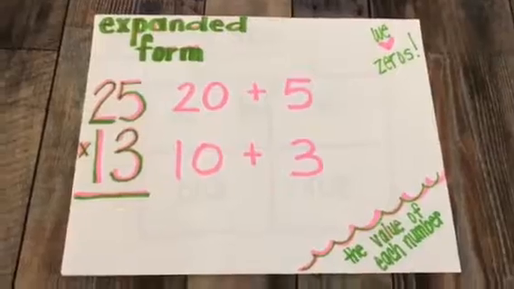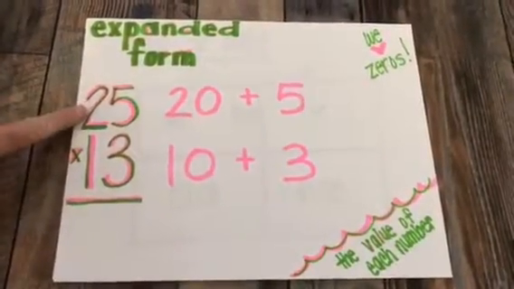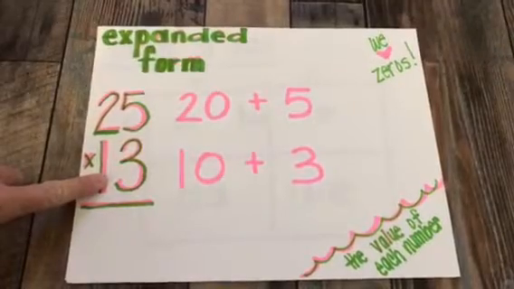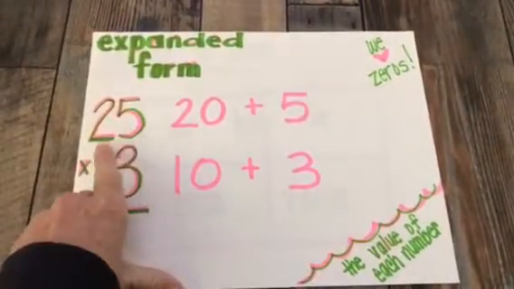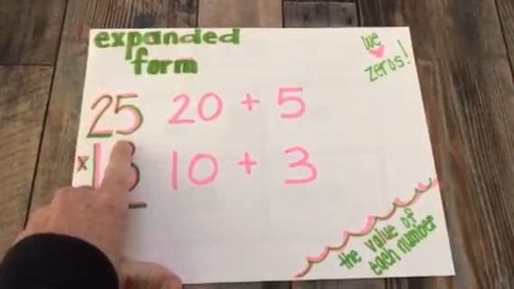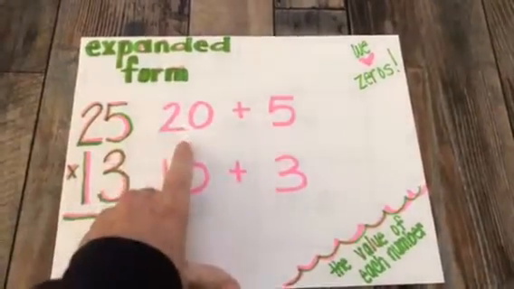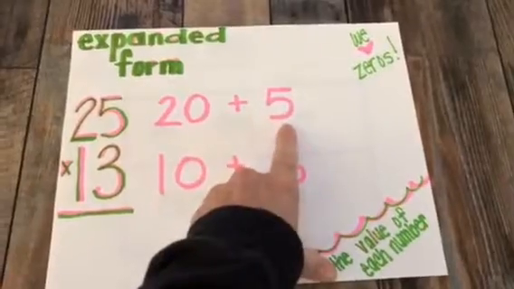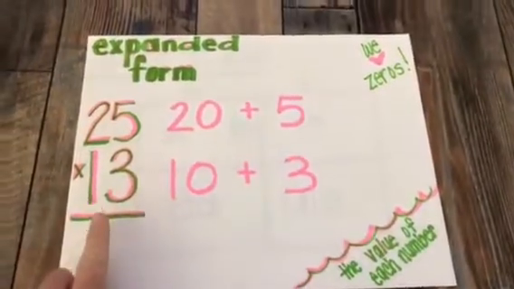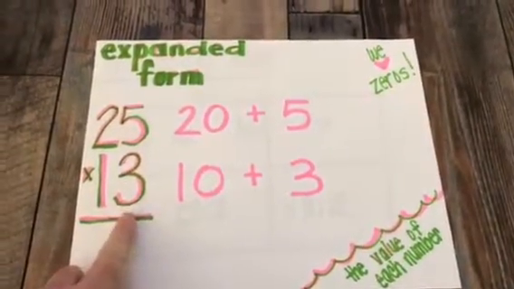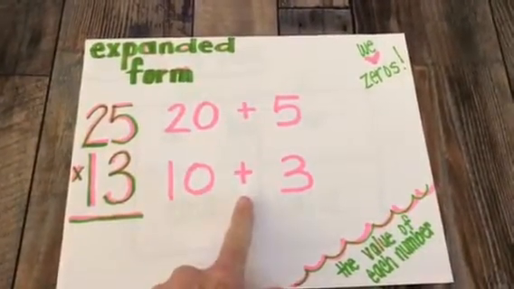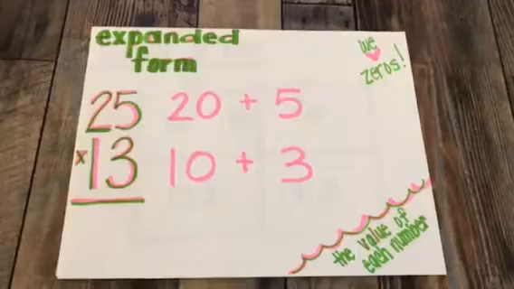Here we have the numbers 25 times 13. And for each digit in 25, we have 20 plus 5. And for the digits in 13, we have the value of a 10 plus 3.